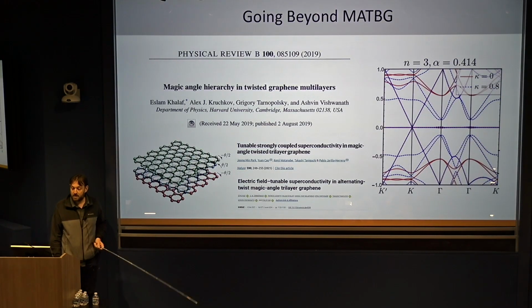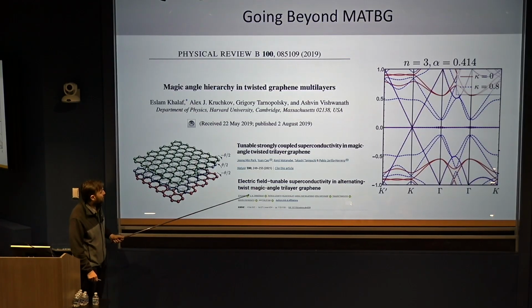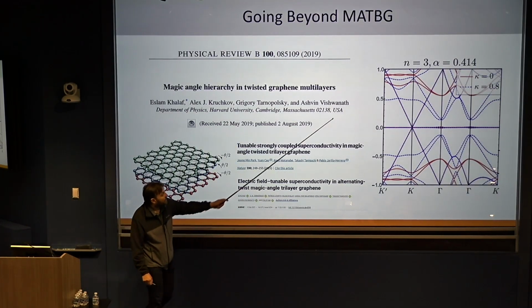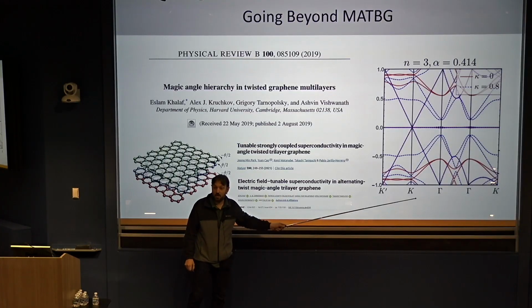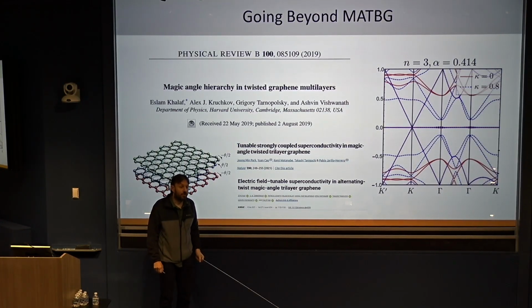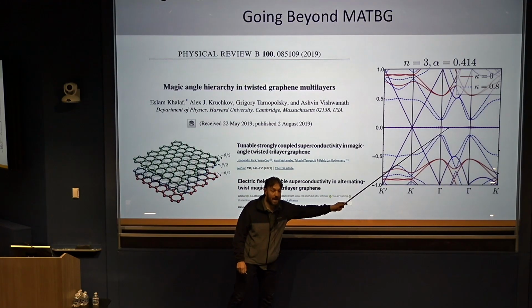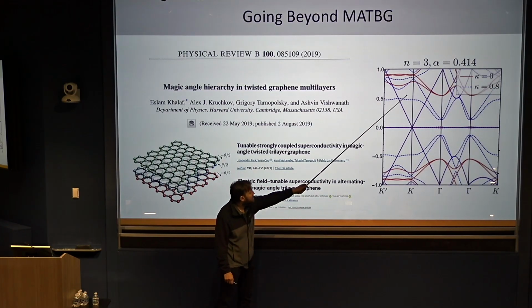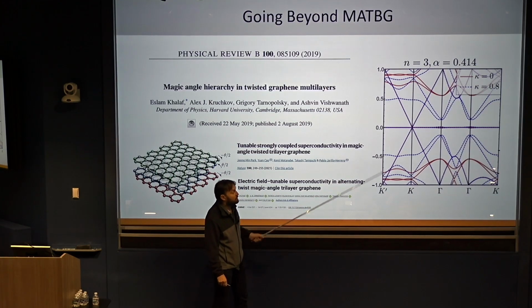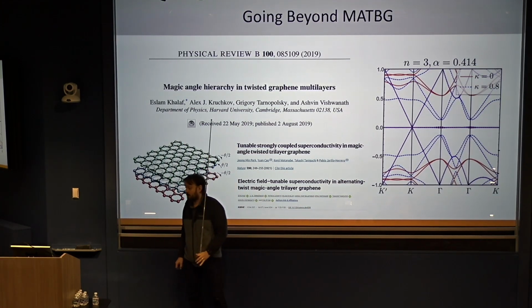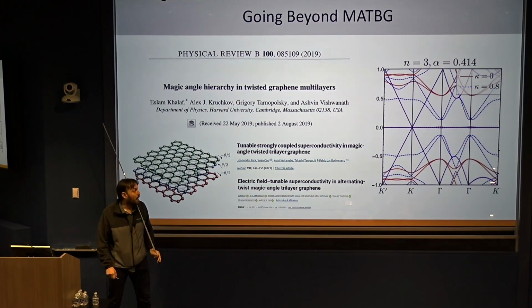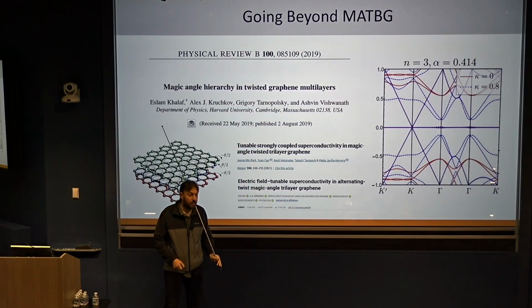And if you fix this theta correctly, you will get a non-interacting band structure that reminds you of what you get for twisted bilayer graphene. Essentially, you will get a set of flat bands. But in addition, you will have this Dirac cone that, depending on the experiments that you do, may or may not show up in the data.